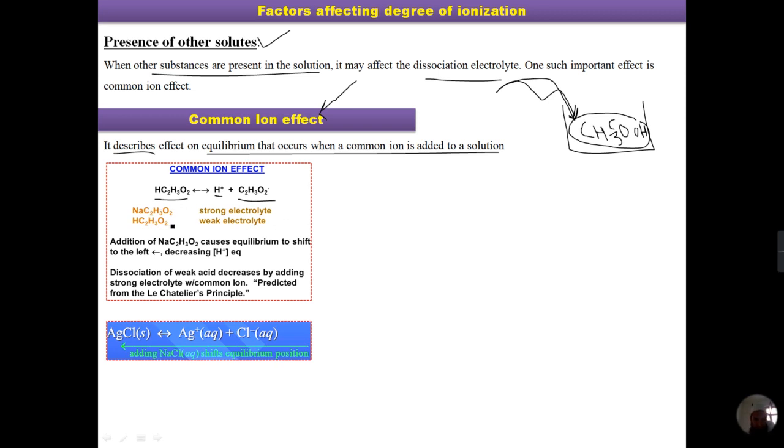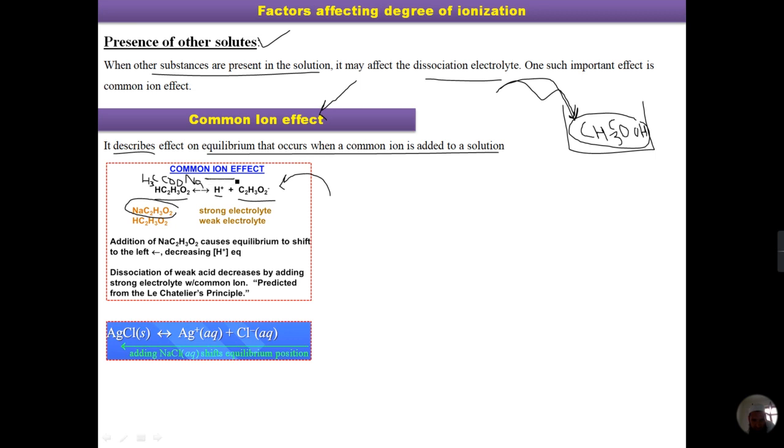Now, let us add an external electrolyte, that is sodium acetate. Remember this. When you add sodium acetate, we know sodium acetate is a strong electrolyte. So I will write down the equilibrium here. This is your sodium acetate, CH3COONa. This is our external electrolyte which we added.